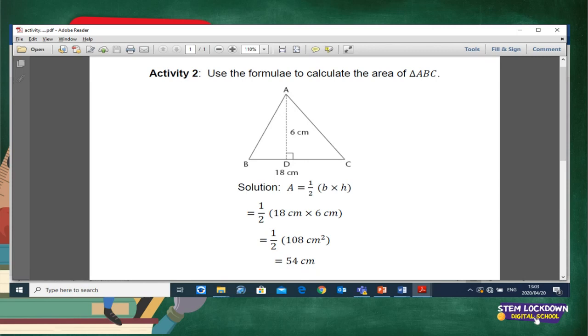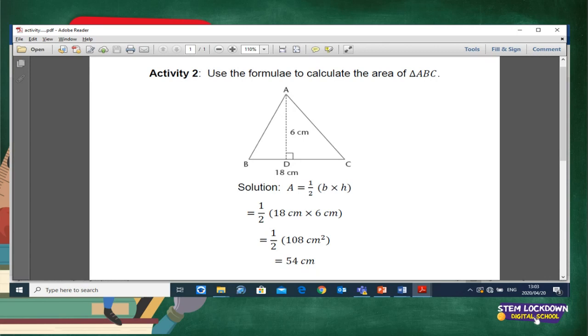We are informed that the base of this triangle, which is BC, is equal to 18 centimeters, and the height AD is 6 centimeters. Again, you can use the formula to calculate the area of a triangle. The area of the triangle is equal to half of the base. The bracket simply means 'of' because you are multiplying there. Of means multiplication. Half of the base times the height.